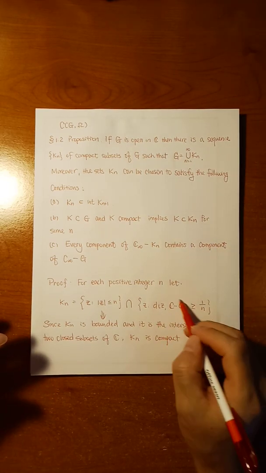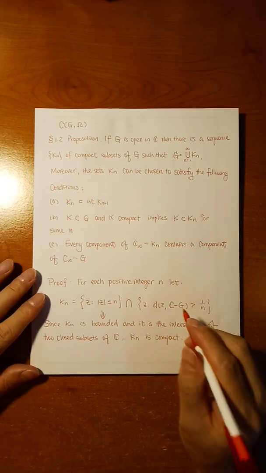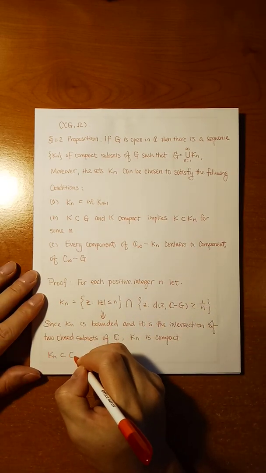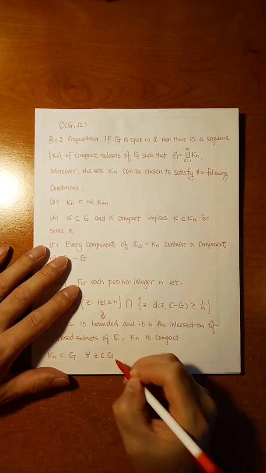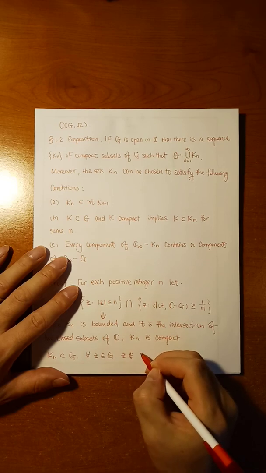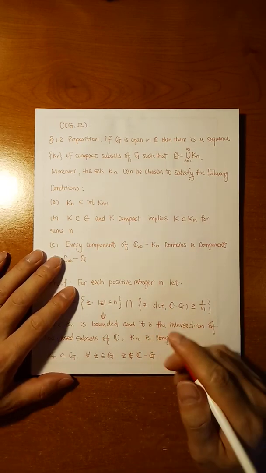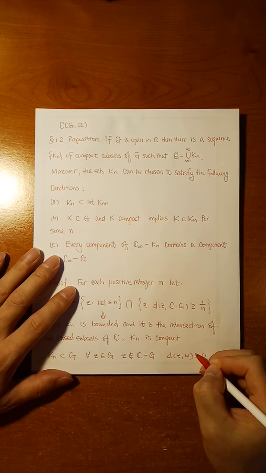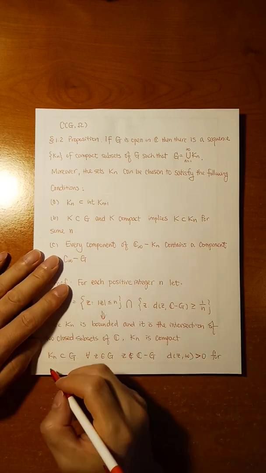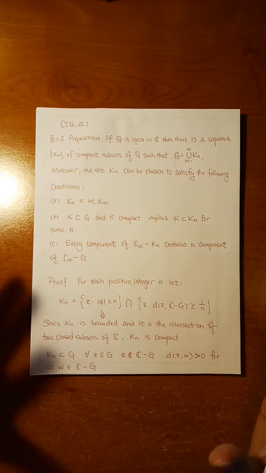By the second condition, z is away from the complement of G. The distance between z and C minus G is greater than or equal to 1 over n, so it's away from the complement of G. This implies Kn is a subset of G. Kn is always a subset of G. And for every z inside G, of course, z is not inside C without G. If it's not in the complement, the distance between z and w is strictly greater than 0 for all w in C without G.